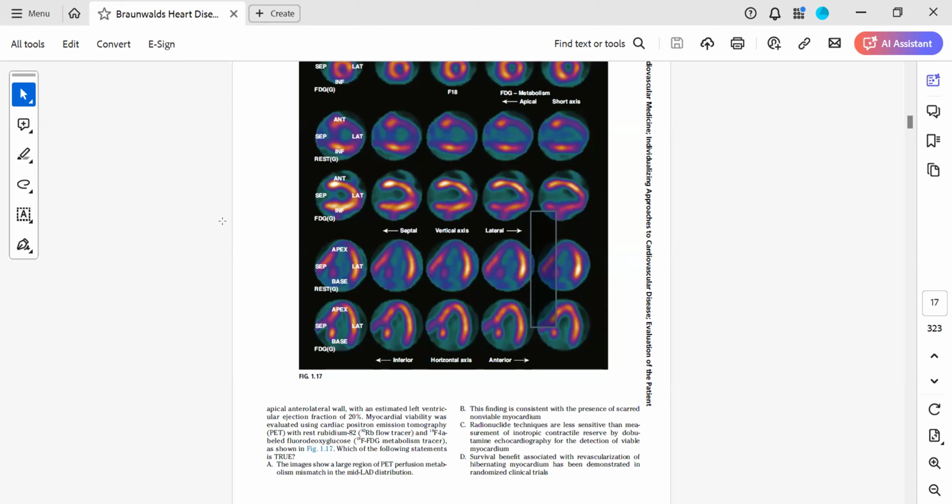They improved functional capacity, but they didn't improve survival. Okay, thank you. So that was the question. The answer is A.